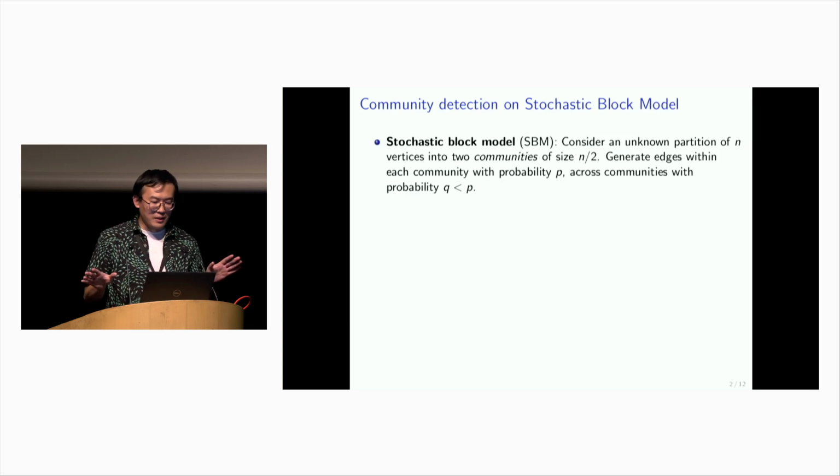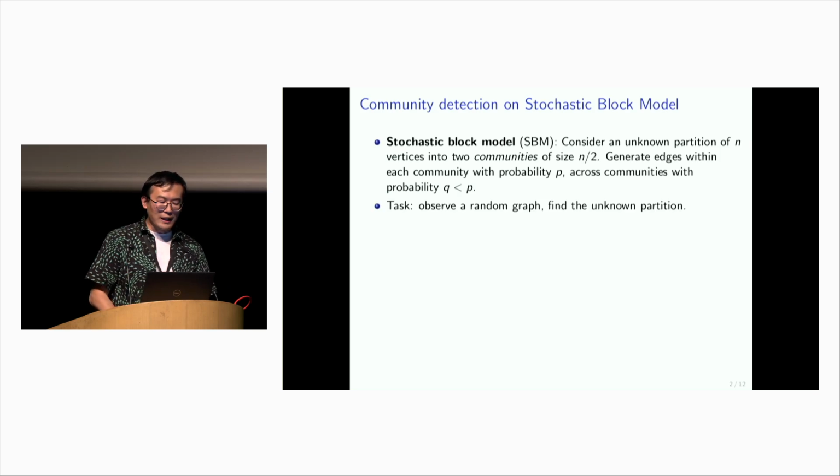So you have an unknown partition of sizes n/2, n/2, and you generate edges within each block or community with certain probability P and across communities with probability Q. So this is a random graph, a generative model where on average you should see some community behavior in this random graph. The task is to observe a random graph and develop an algorithm to recover this unknown partition with high probability and, ideally, efficiently.